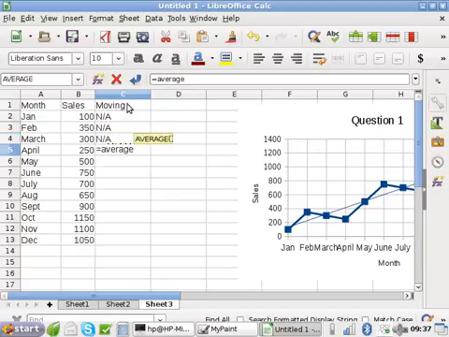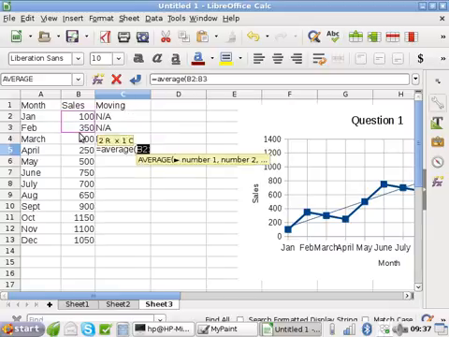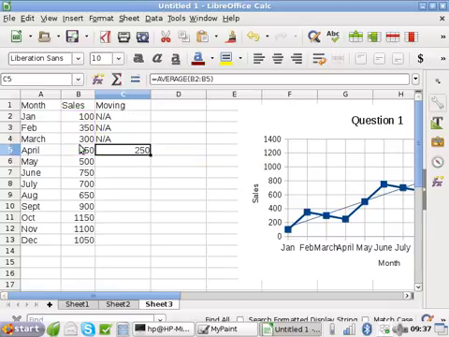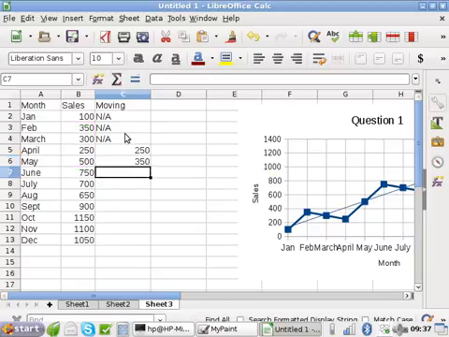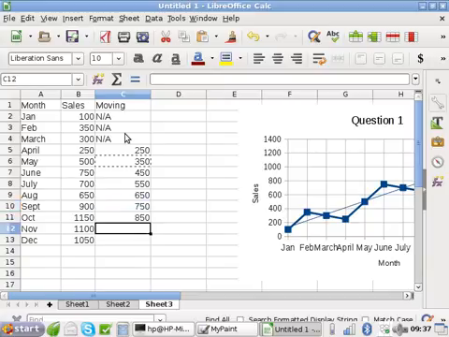So we average the first 4 numbers. 250, yeah. And then for the next one, we average the last four numbers, 350, 300, 250, 500. So we get 350. And we continue this all the way down.